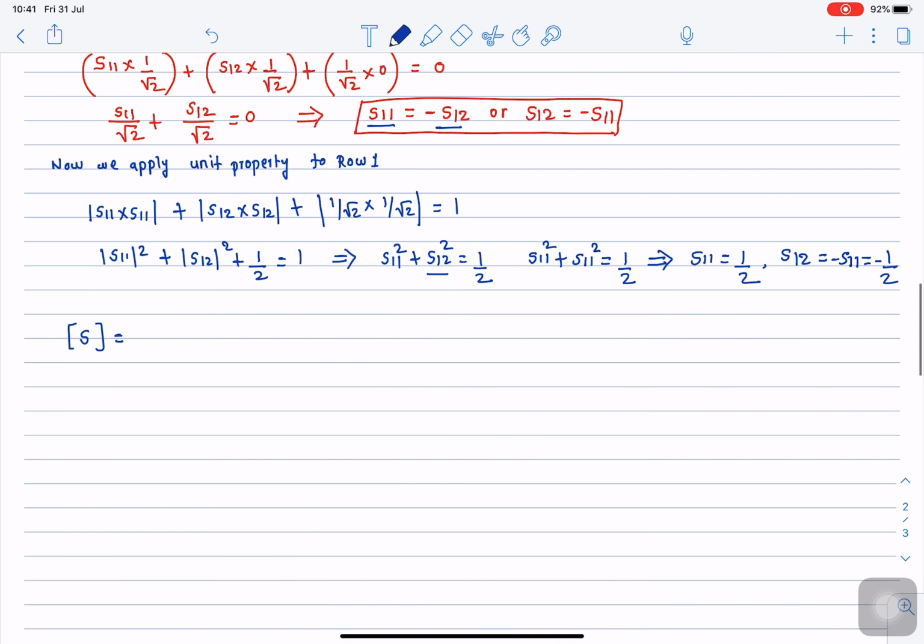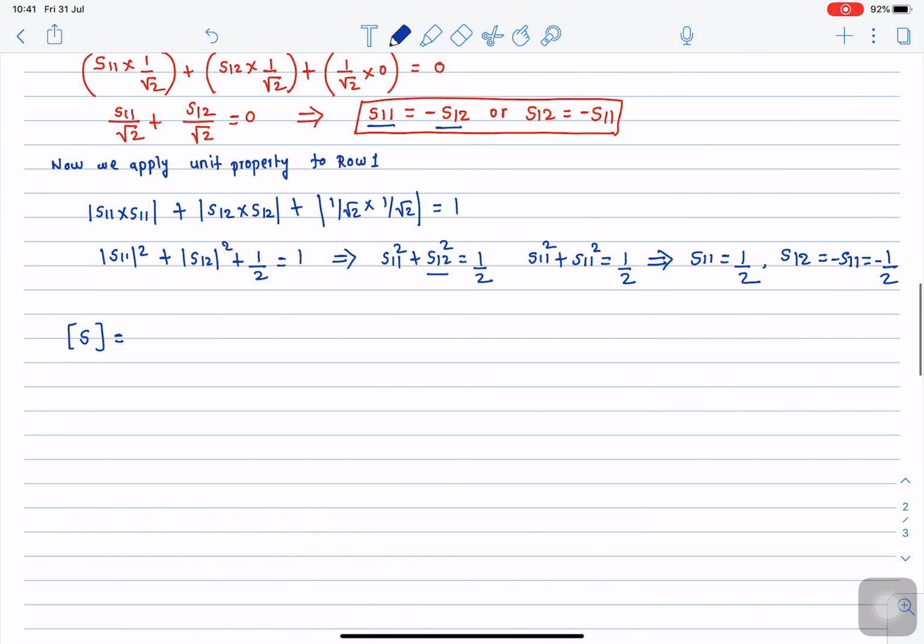Second row: S12 is minus 1 by 2, second element S11 is 1 by 2, third element is 1 by root 2. Replacing all these values in equation 4, and finally the last row is 1 by root 2, 1 by root 2, and 0.